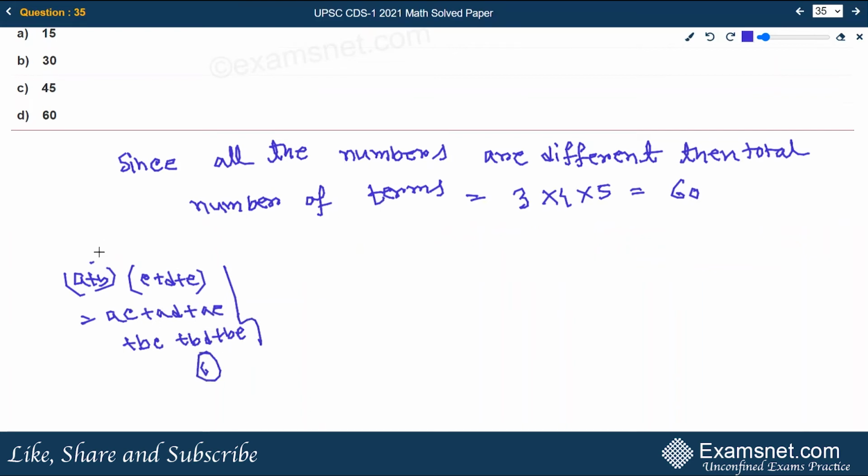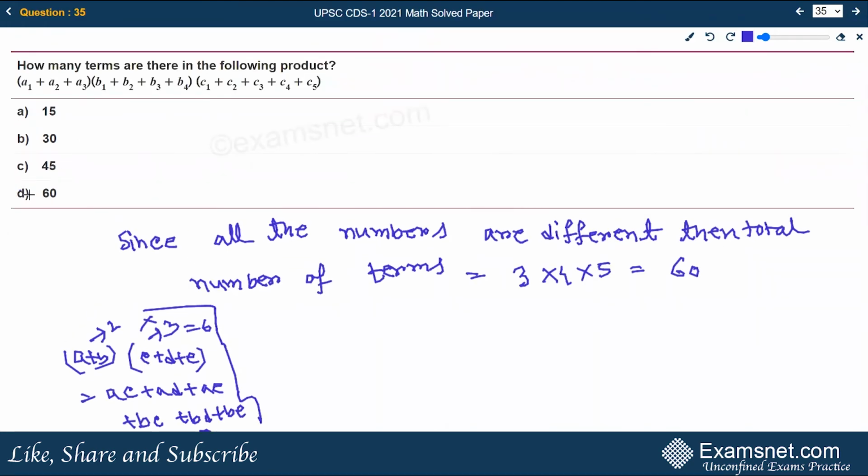So here 2 terms are there, here 3 terms are there. When you multiply, you will also get 6 because terms are different, right? So same concept we are following here. All the numbers are different. So the total number of terms is 3 multiplied by 4 multiplied by 5, that will be 60. So here option D is the correct answer.